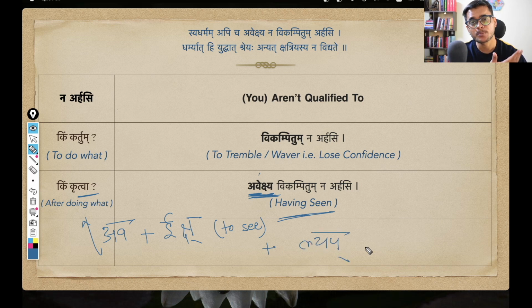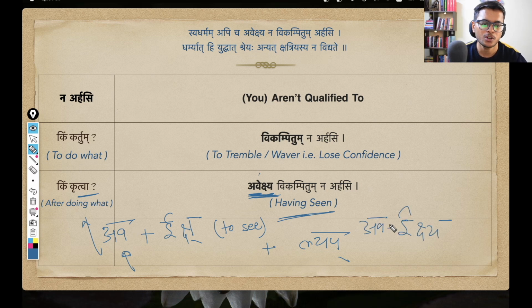We cannot use the twa pratyaya because we have a prefix. When we have a prefix with the dhatu, we use the lyap pratyaya. So each dhatu, when modified using lyap, it becomes ikshya, right? This is what we get. And we have this prefix ava. So a guna sandhi will happen, due to which the entire word becomes avekshya. The meaning is same, after seeing or having seen.